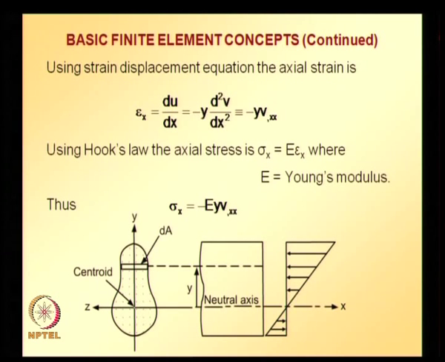If it is in the negative x direction, it is assumed to be compression. So, here the sigma times dA is acting in the negative x direction, and because of that it gives a moment which is opposite to the sign convention.